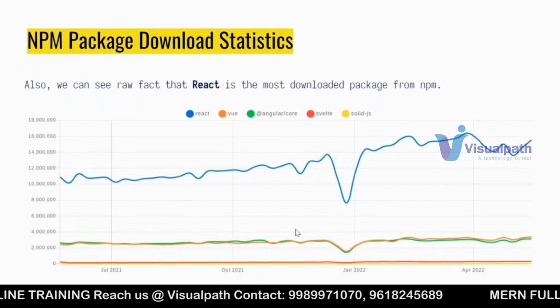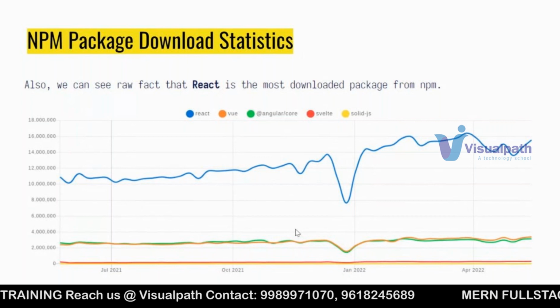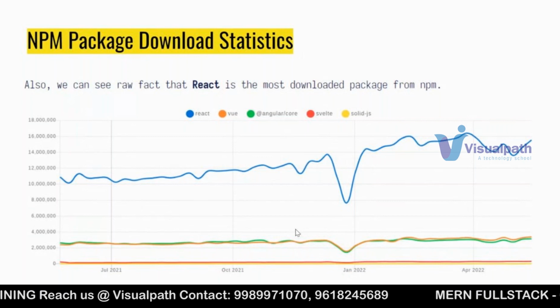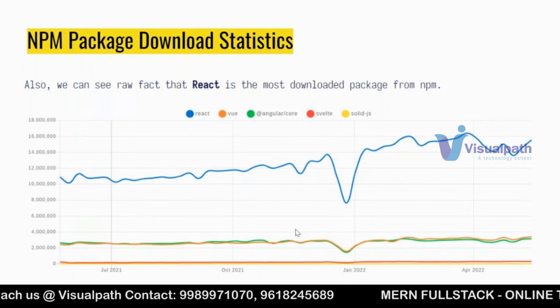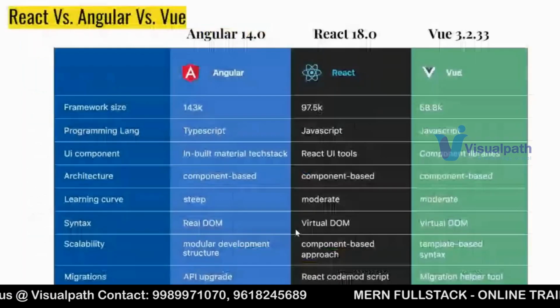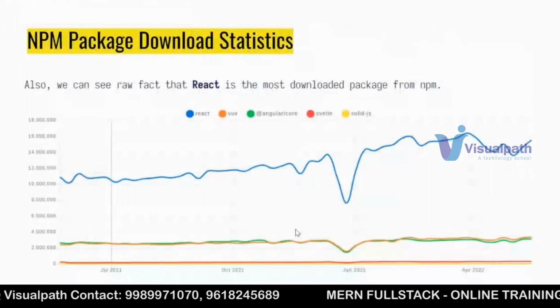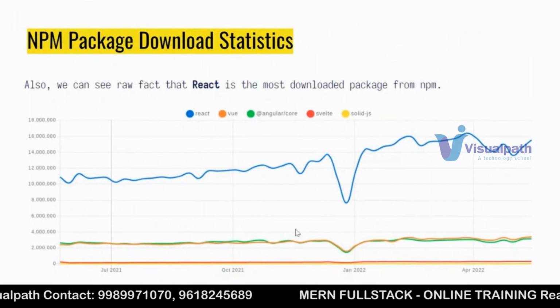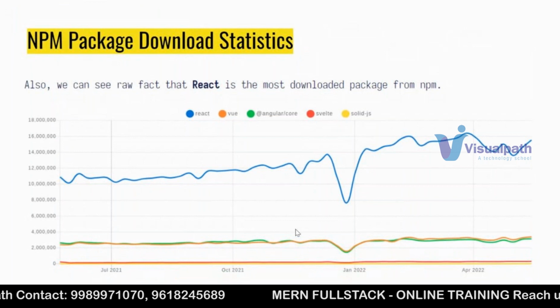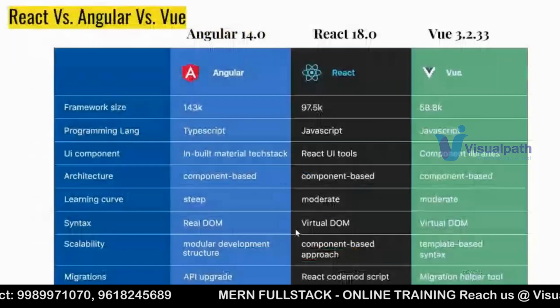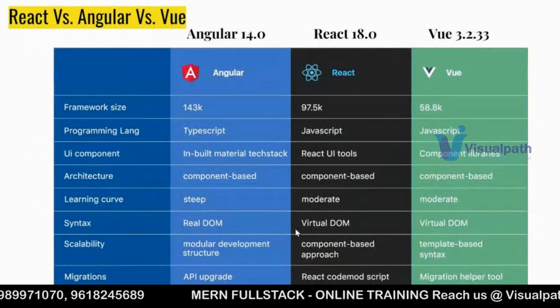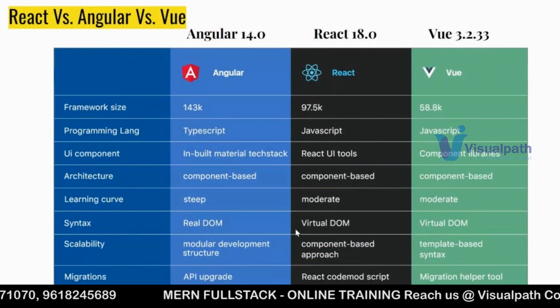This graph you can get on the npm library. It's around, I don't know how many, maybe 10 million people are downloading. And then React versus Angular versus Vue, which we have already discussed.